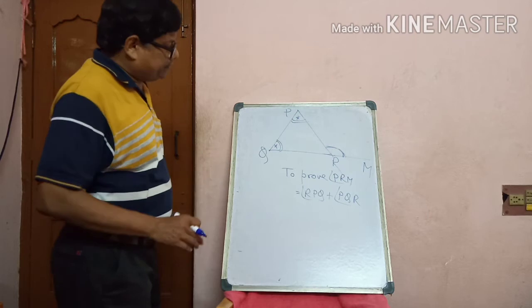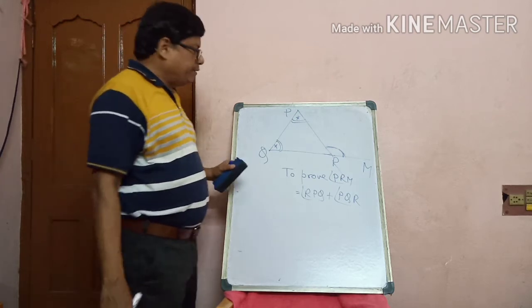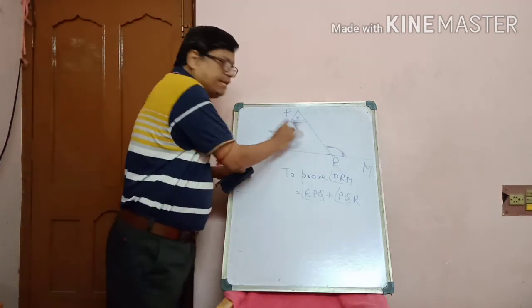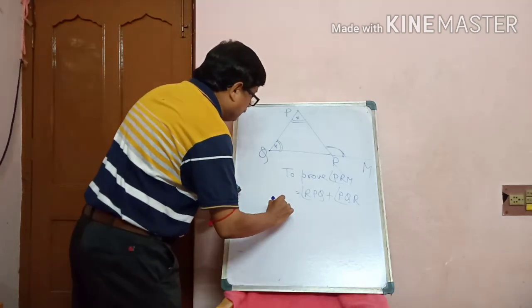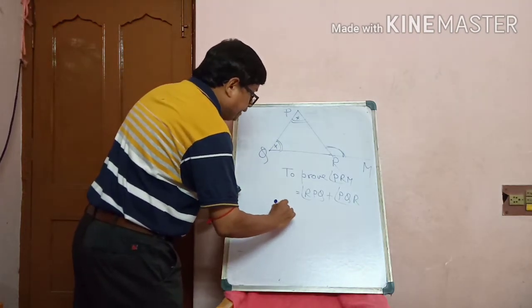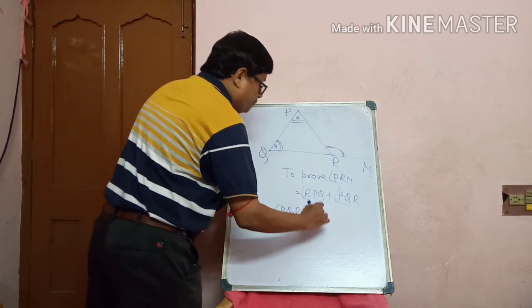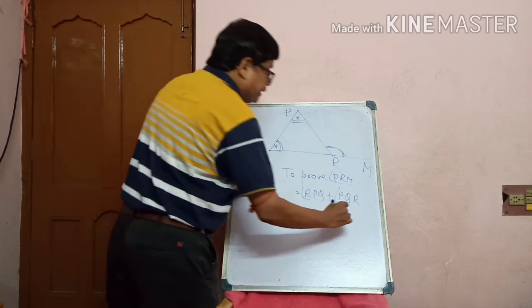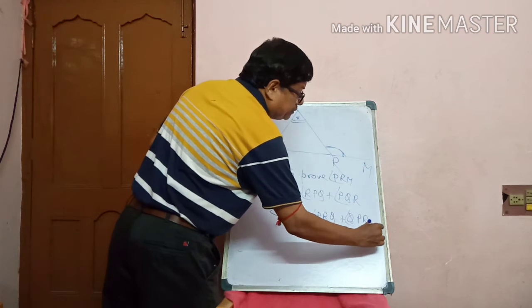Look here first. Just now we discussed, my dear students, that in a triangle the sum of the angles is 180 degree. So write first, angle P, that is, PQR plus PRQ plus QPR equal to 180 degree.